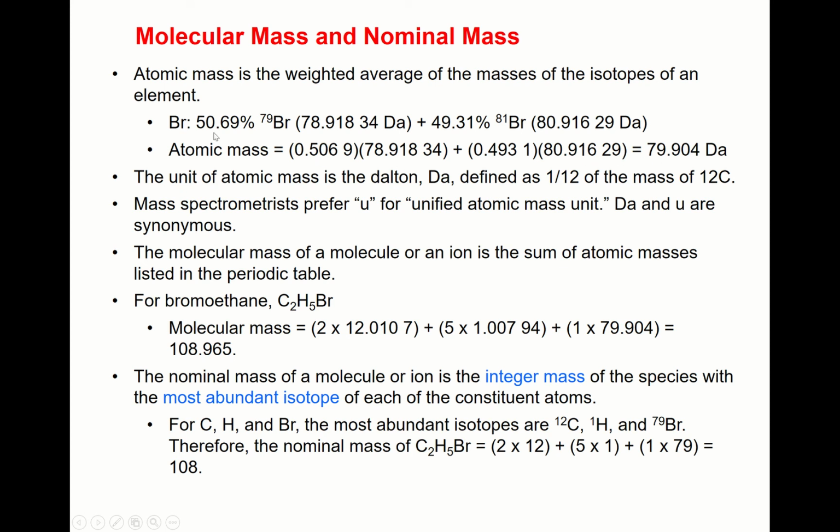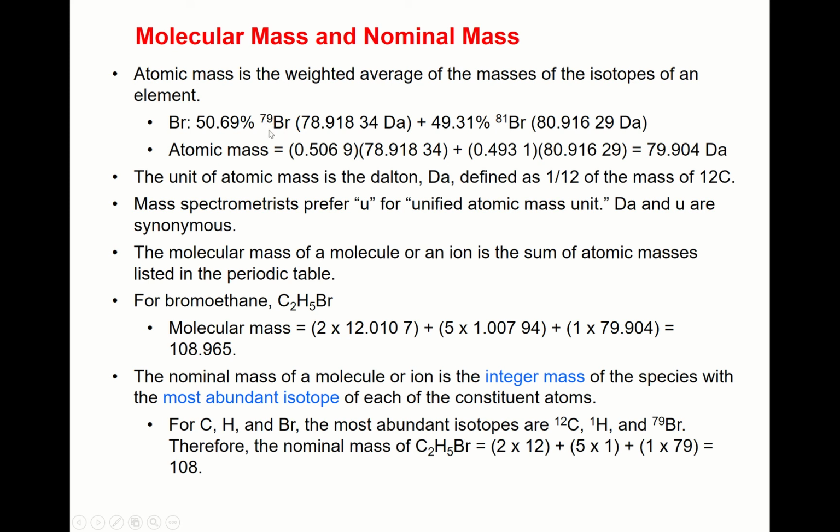But actually, bromine has at least two isotopes, mass number 79 and mass number 81. Okay, and the mass number 79, but this is not the exact number. The exact number is 78.91834. Okay, but usually in this notation, we put the integer number.